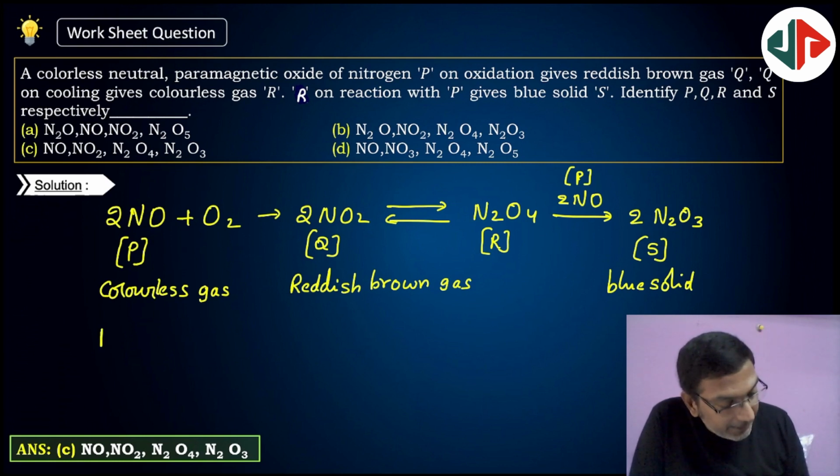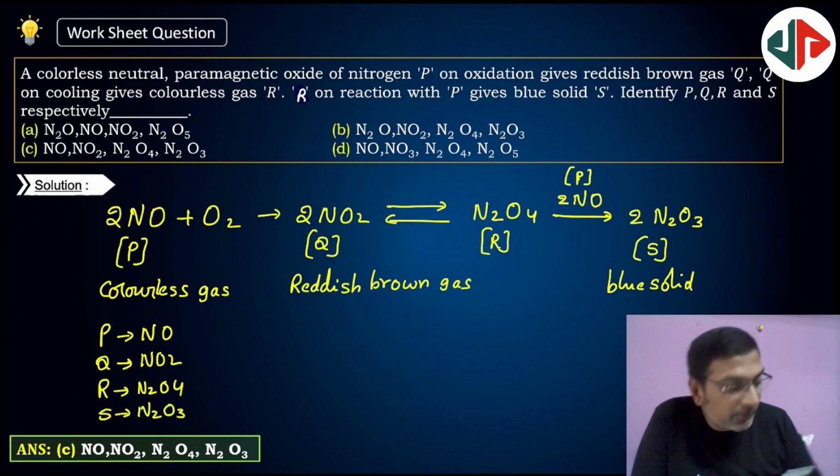So P is NO, Q is NO2, R is N2O4 and S is N2O3. So option C. Next question.